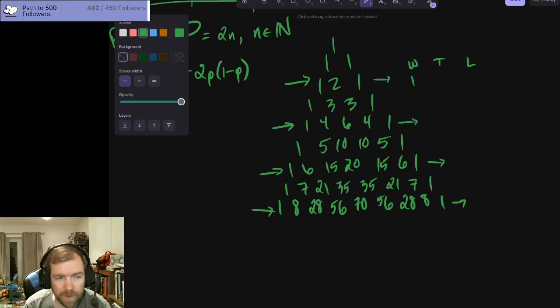Right, we only get 1 win, 2 ties, and 1 loss on P equals 2. Probability, no, not probability. The total number of plays being 2. Total number of plays being 4, we're going to get 5 and 5 on wins and losses, and a tie of 6.